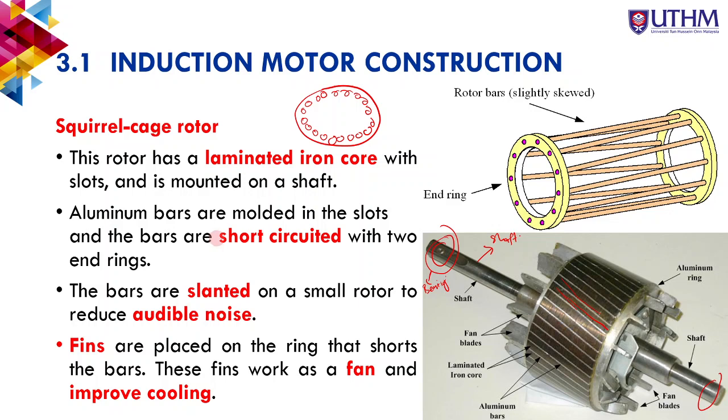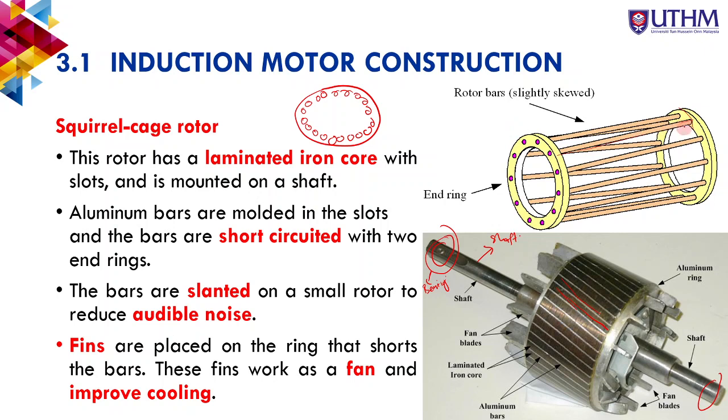Okay, so the aluminium bars are molded in the slot. So ni kat sini dia mold, dia ada molding process, so itu cast iron punya process. Okay, and then the slot dia punya bar ni dia short circuit between this part and also this part.